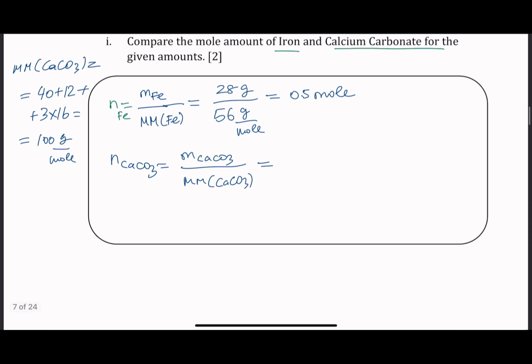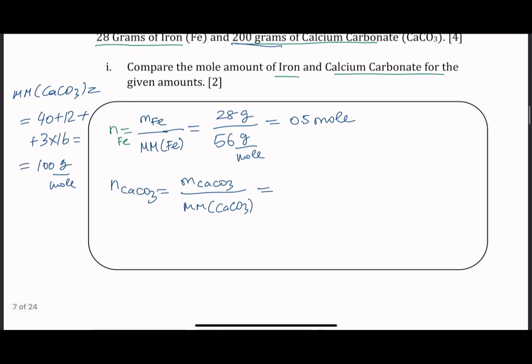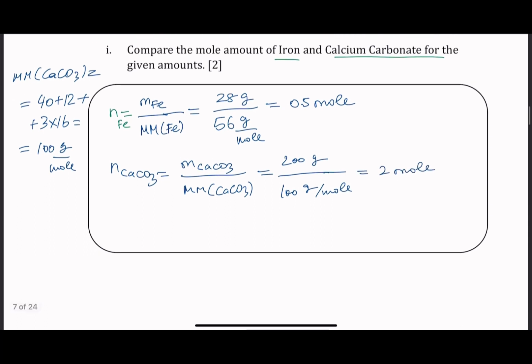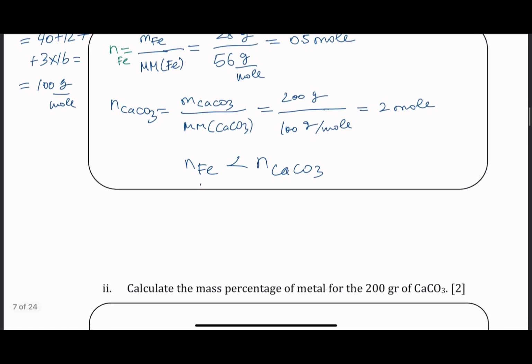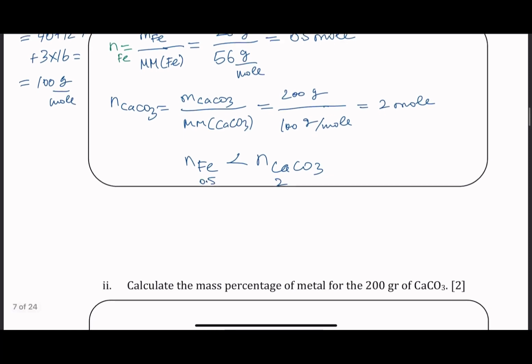Since you're given 200 grams, it would be 200 gram divided by 100 gram per mole. This would be 2 moles. Okay, so now you can see that n iron would be less than n calcium carbonate, because this is 0.5 and this is 2.